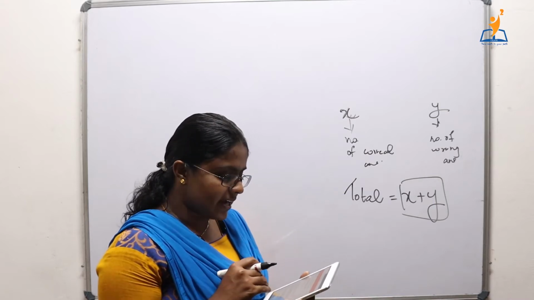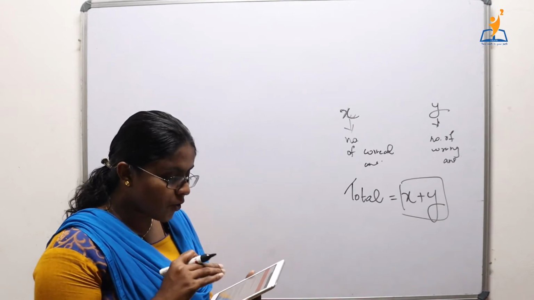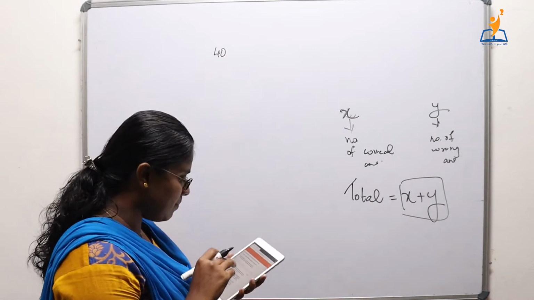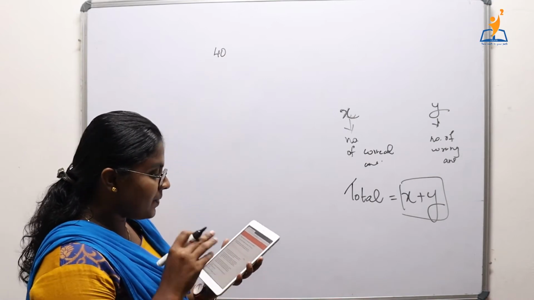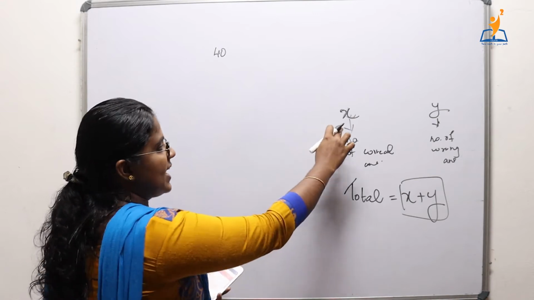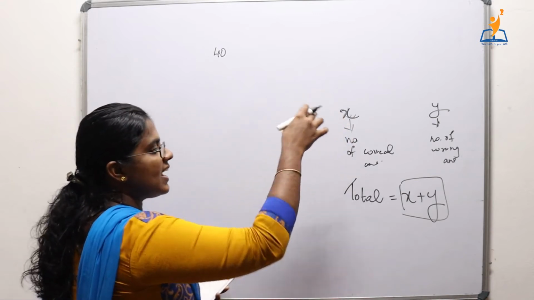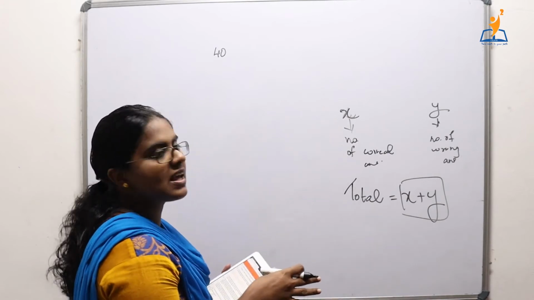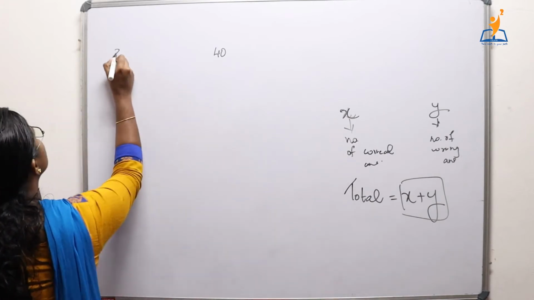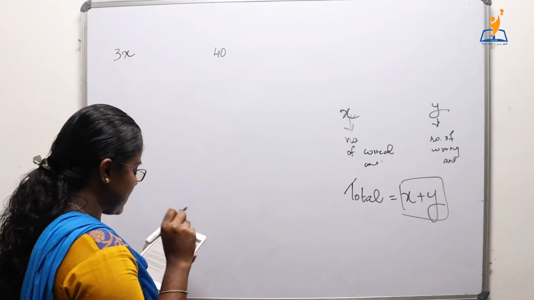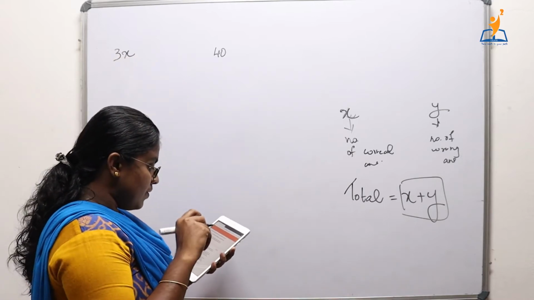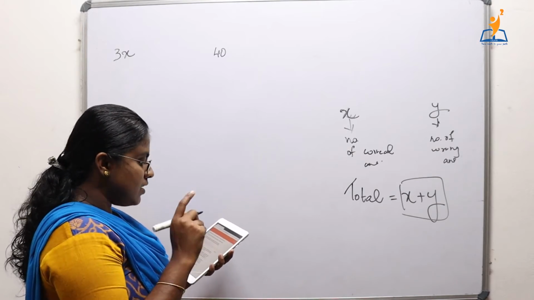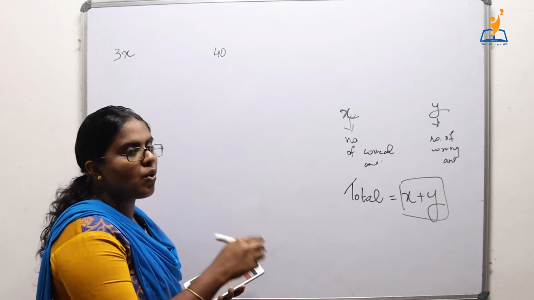So, what are the conditions given? Let us check. Yash scored 40 marks in a test, getting 3 marks for each right answer. For each right answer, he will get 3 marks. So, if X number of correct answers are there, then he will get 3x marks for those correct answers. 3 marks for each right answer and losing 1 mark for each wrong answer.